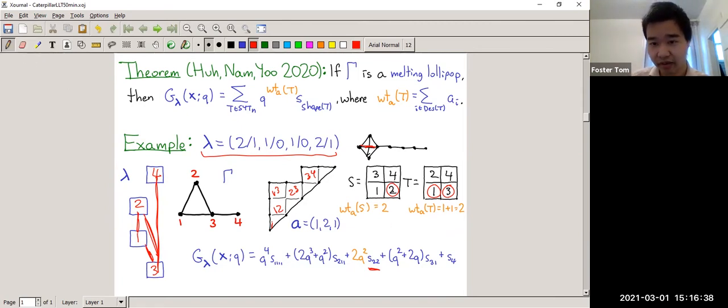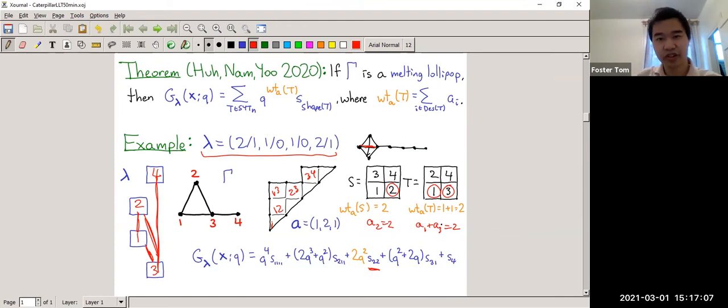For S, only 2 is a descent. I is a descent if I plus 1 appears above I. So I just take A2, which is 2. And then for T, 1 and 3 are descents. So I take A1 and A3, and I get 2. Their theorem tells me that that's how I can find the coefficient of a Schur function in this LLT polynomial.